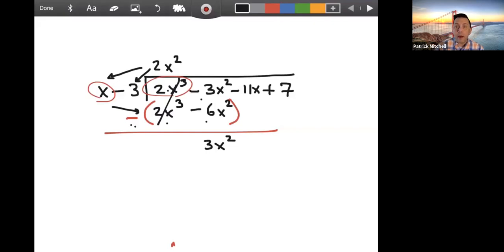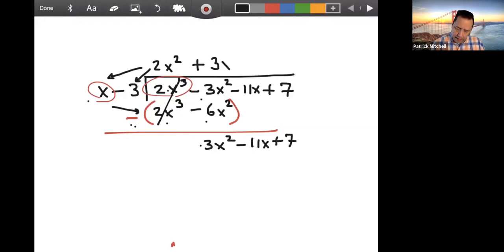So what I'm going to do now is bring down the rest of my terms in the dividend. I'm going to bring down the minus 11x and the plus 7. And now I'm going to repeat the whole process. Okay, so I'm going to divide x into 3x squared, and that's going to give me 3x.